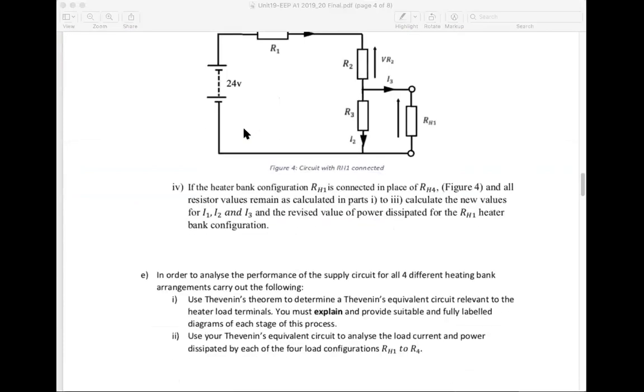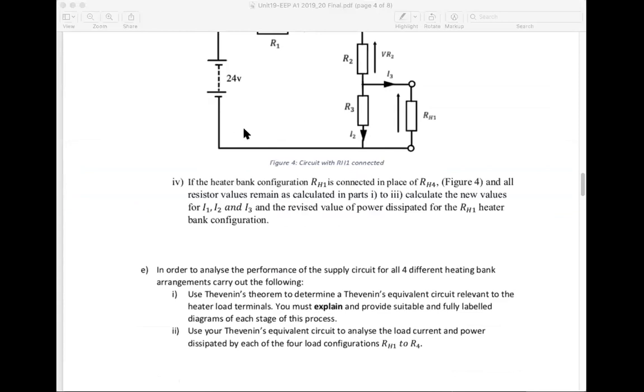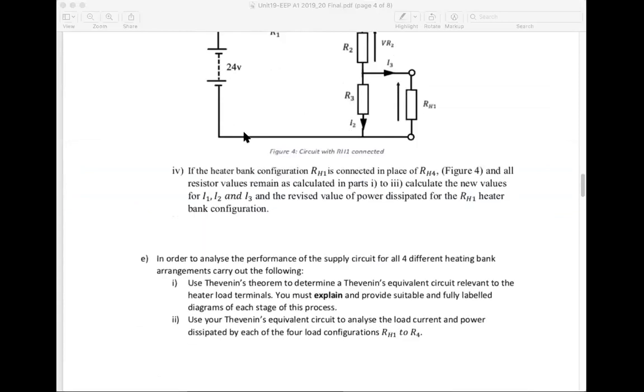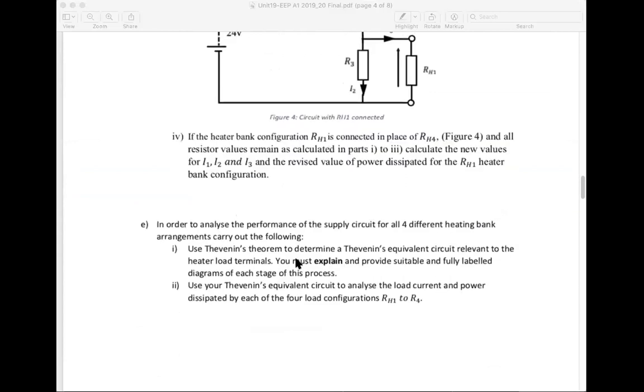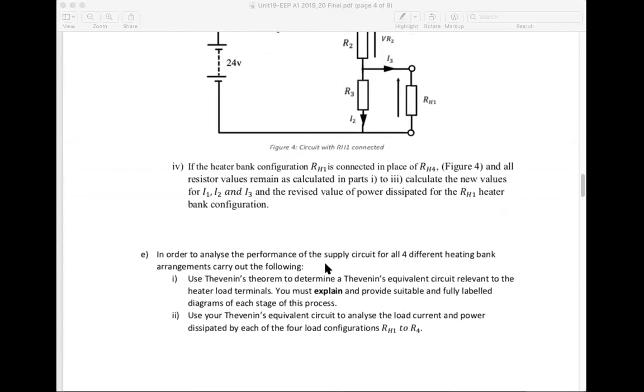Part E. I haven't actually looked at that one yet, to be honest. So, would you be able to give a brief overview? Okay, so what you've done in the earlier part is you've done some calculations.